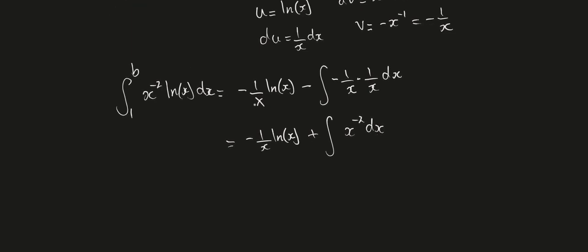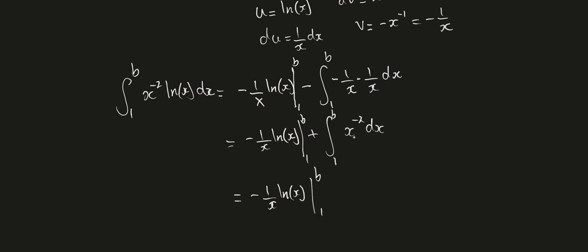Now, as far as the limits are concerned, this needs to have the 1 and the b, this has the 1 and the b, right? If you wanted to, you could do it just as an antiderivative and get the antiderivative at the end and then use your fundamental theorem. So we have negative 1 over x, natural log of x from 1 to b.